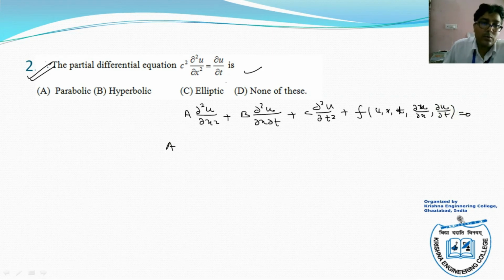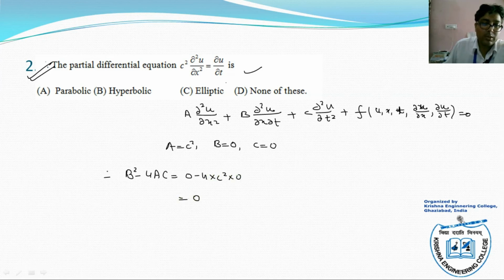So here a is equal to c square and b is 0 and c is also 0. So now find b square minus 4ac, b is 0, minus 4ac is 0. So this becomes 0.